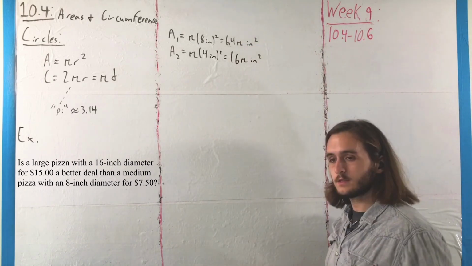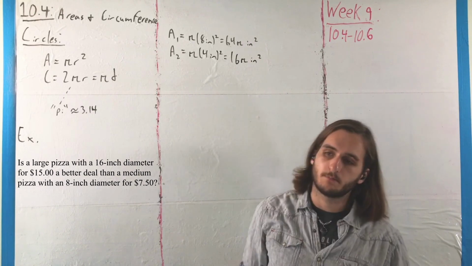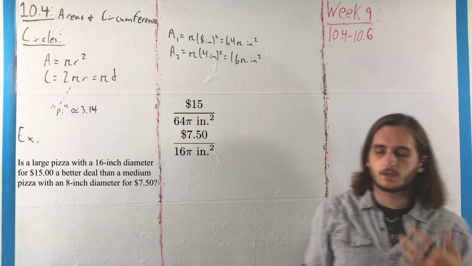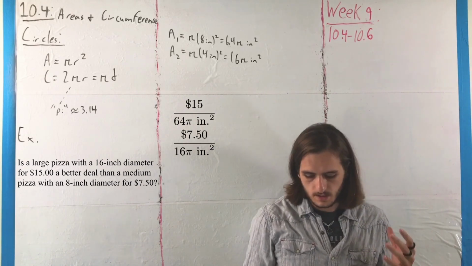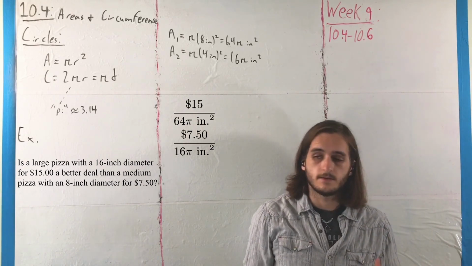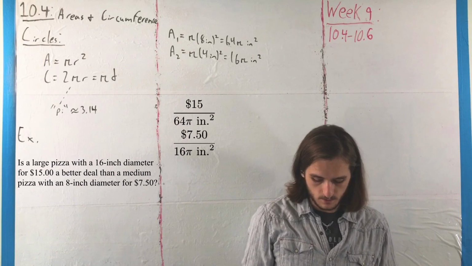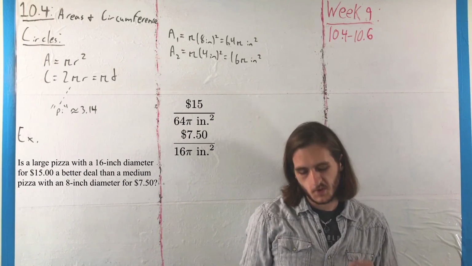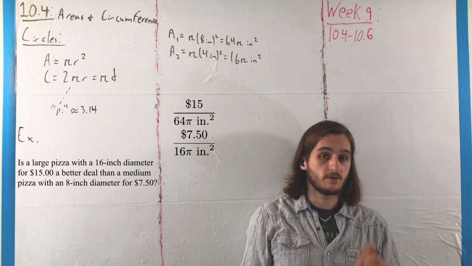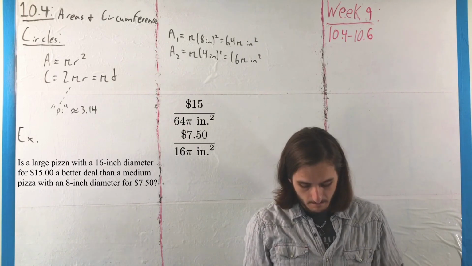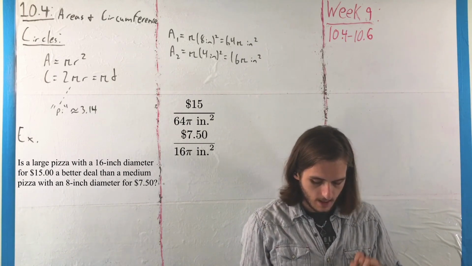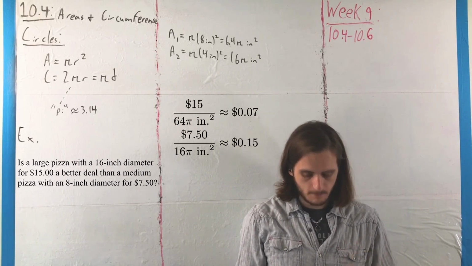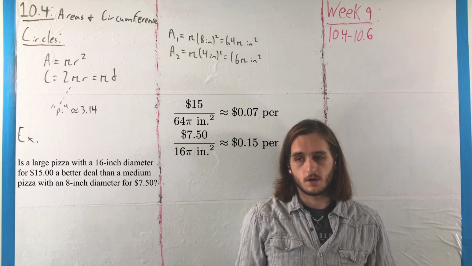So, if we want to get our prices per square inch, what we're going to do is take those sizes, those areas, and divide the price by those values. So, for the 64 pi square inch pizza, what we're going to do is take $15 and divide that by 64 pi square inches to get a value that is approximately 0.07 per square inch.